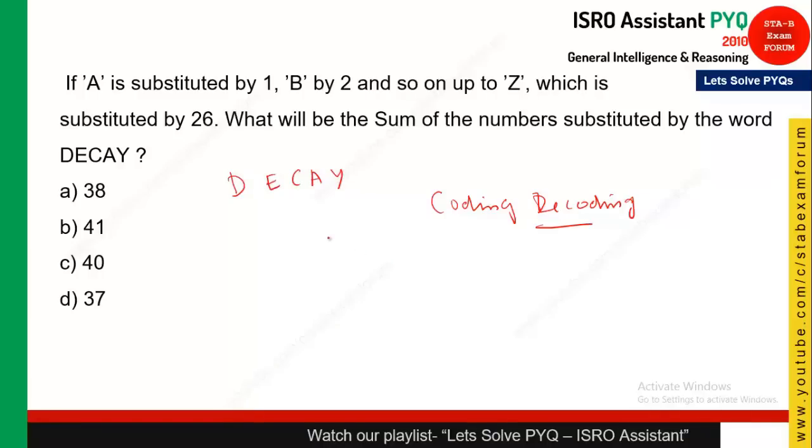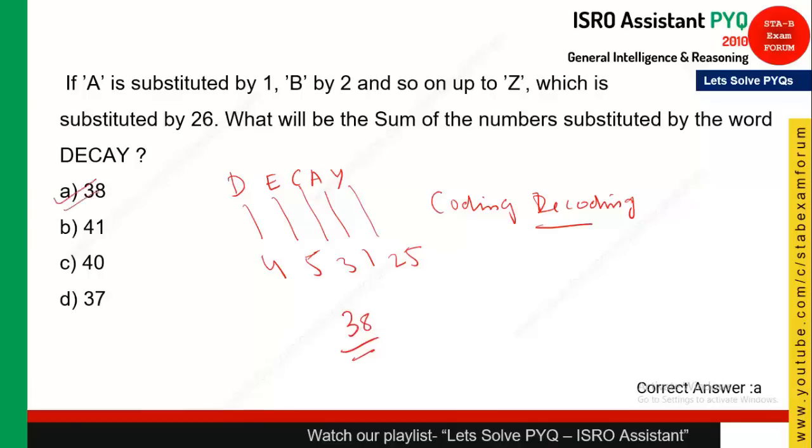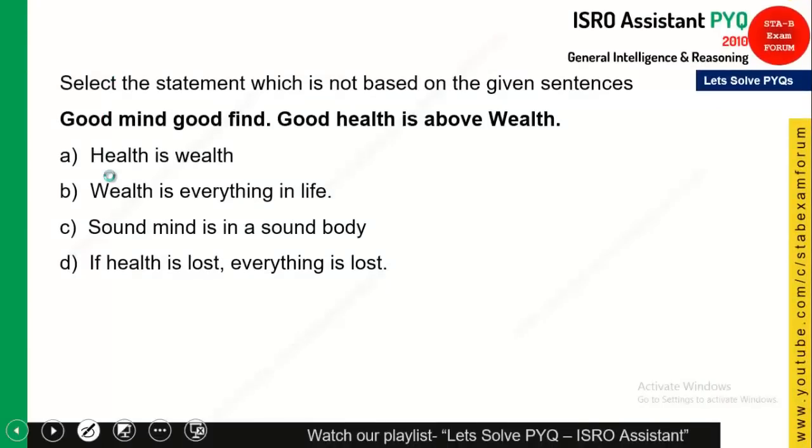The position of D is 4, E is 5, C is 3, A is 1, and Y is 25. If you add all these, you will get 38. So option A is the correct answer. Let's see the next question quickly.